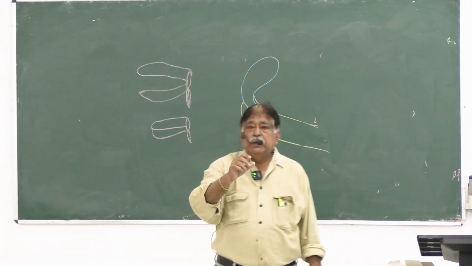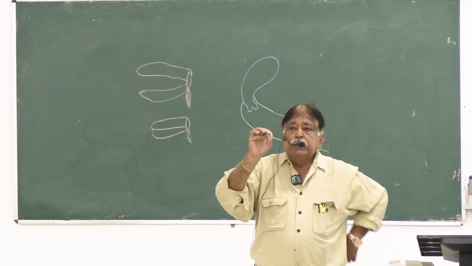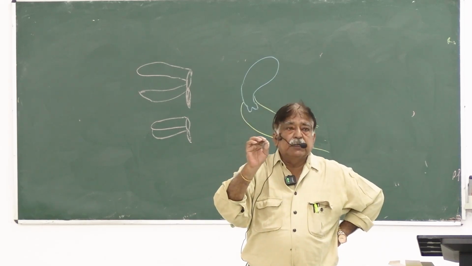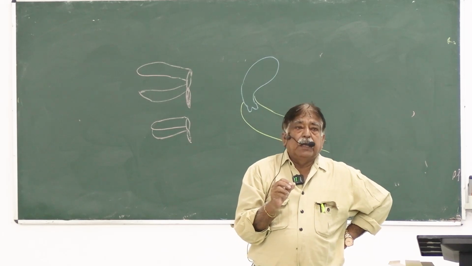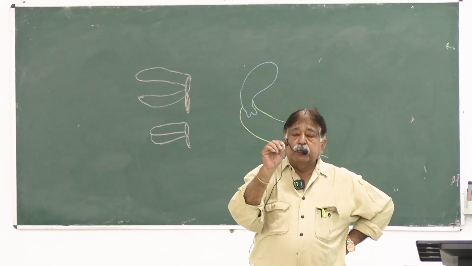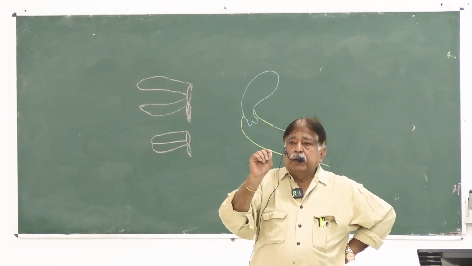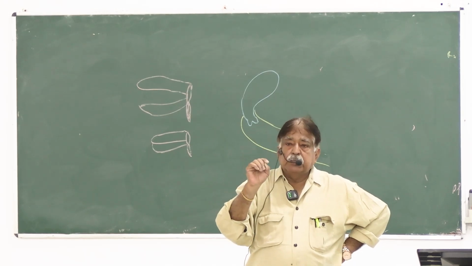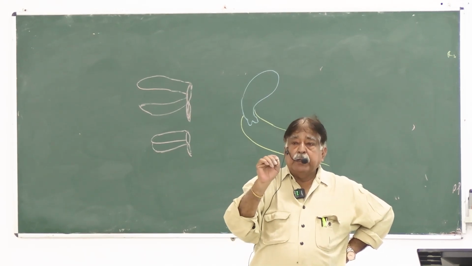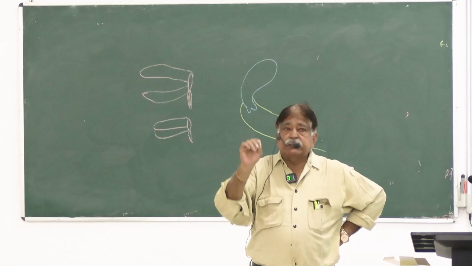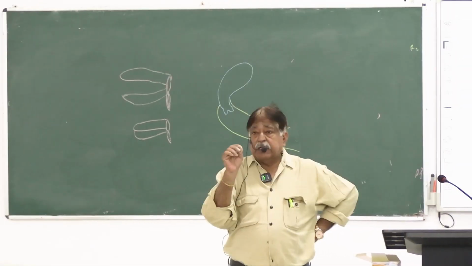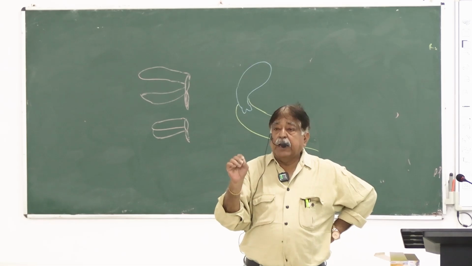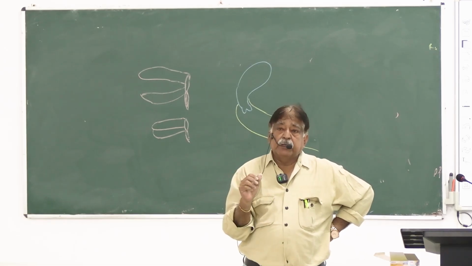You view the external os, the cervix, and you have to look for any growth, any polyp, any cyst. Cyst, you can feel it. If it is oversized, Nabothian glands, they become cysts.